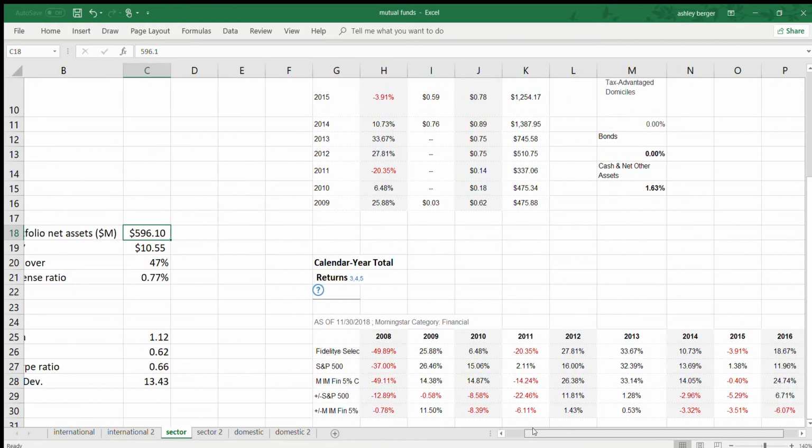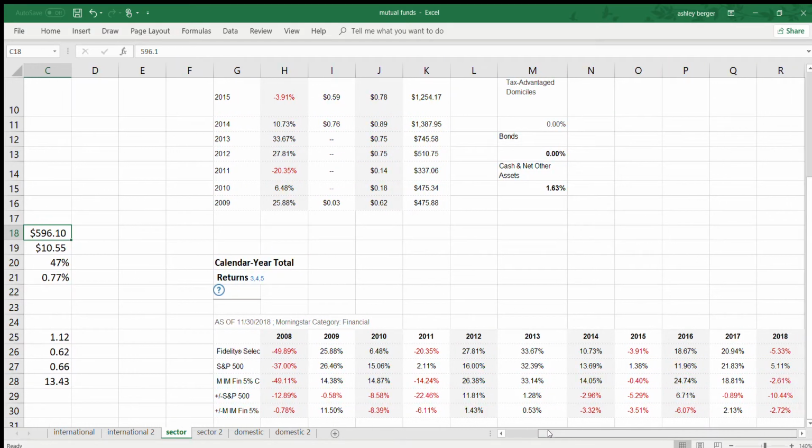This one is compared to the S&P 500 for a benchmark, and it looks like it's been doing a little under what the S&P 500 has been doing for the past couple of years, at least for 2017. For 2016, it was actually performing a lot higher than the S&P.